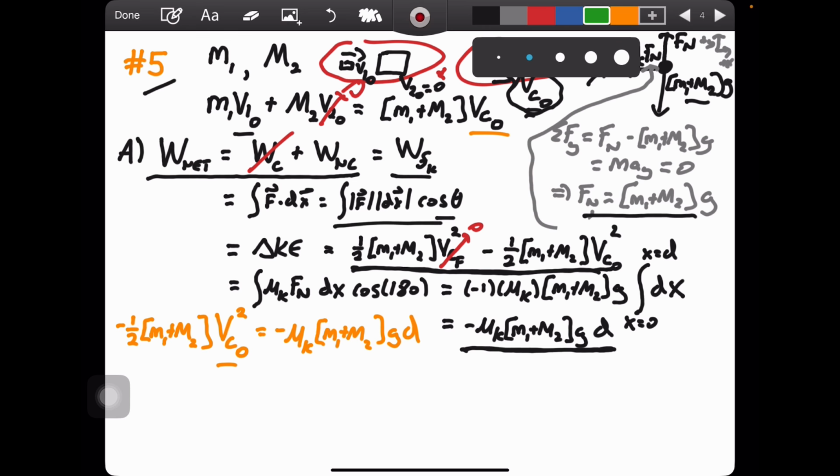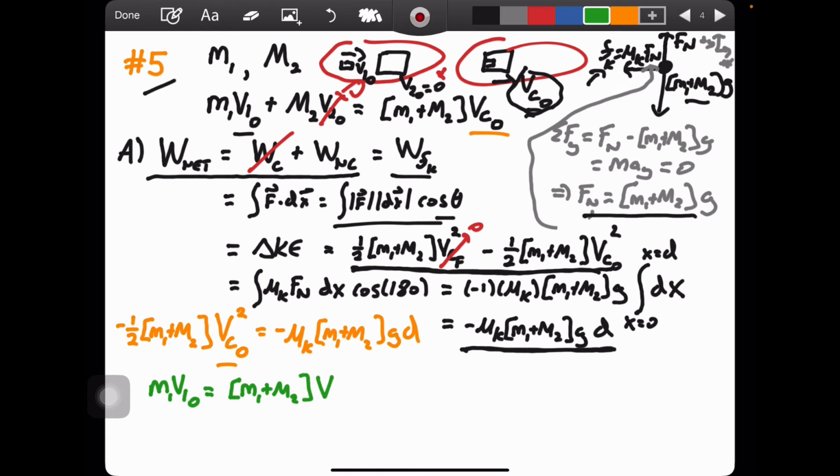So by that equation, I can say that mass 1, which is the bullet, V1 initial, is equal to the combined mass of the bullet block combo, and then whatever the initial velocity is, that combination. That's all from this equation right here. This is a perfectly inelastic collision.